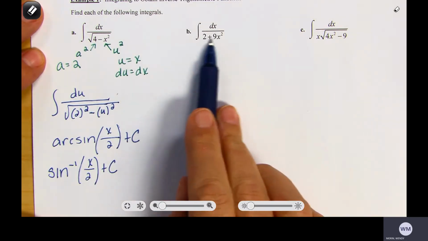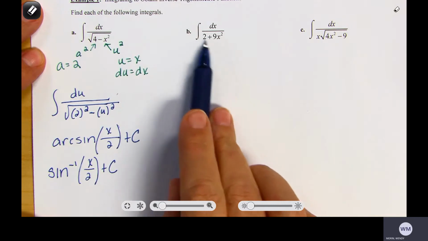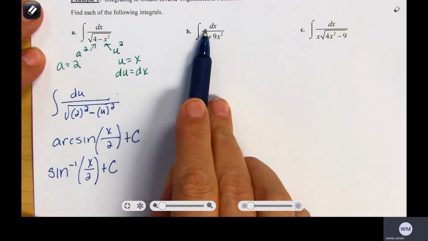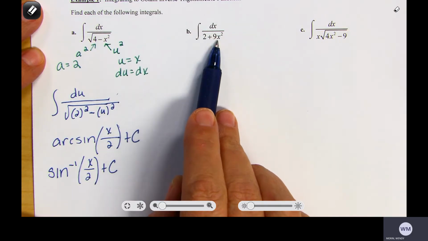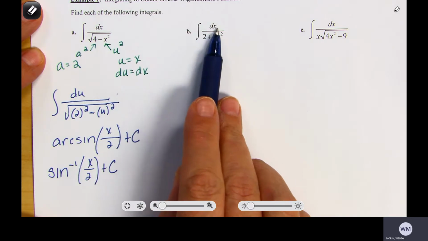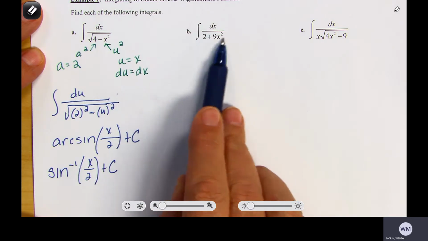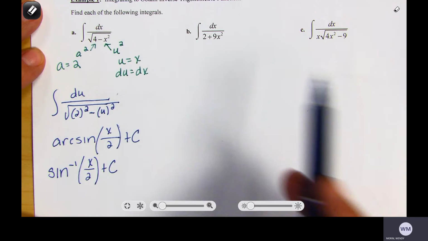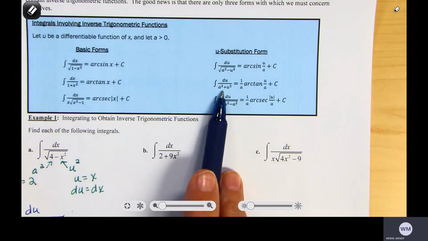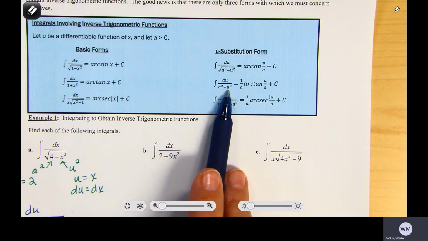Now again, if we set u equal to our denominator like we have in the past, its derivative would be 18x dx. Well, the 18 is not the problem, but we don't have an x dx. We only have a dx. So the basic u substitution is not going to work. But if you look here, a squared plus u squared.